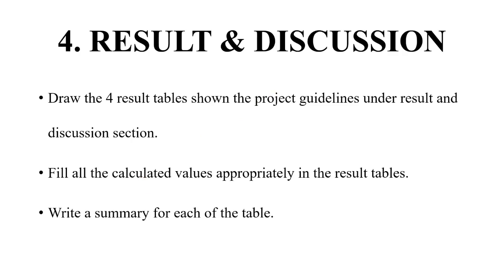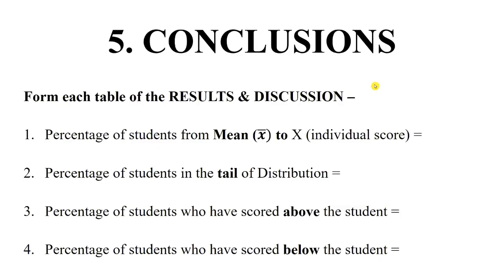Now we are moving on to the 5th major topic, and that is conclusions. For the conclusion section, you are simply going to write the answers for the 4 questions that we have solved using the normal curve. It consists of the percentage of students from mean x bar to x.